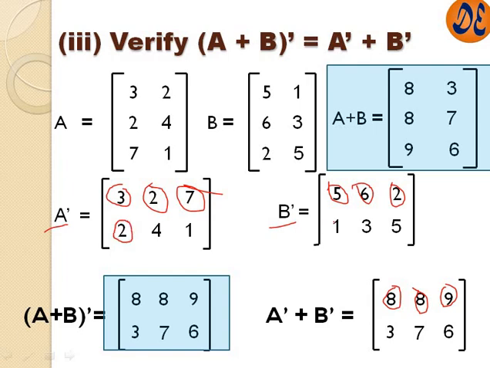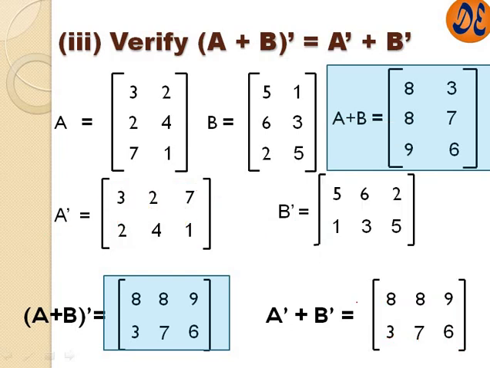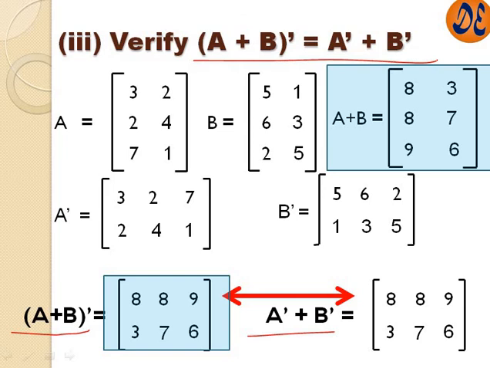Again 2 plus 1 is 3. 4 plus 3 is 7. 1 plus 5 is 6. I think it is quite clear how we have obtained it. Now we see that this and this are both equal, which is what we were verifying.